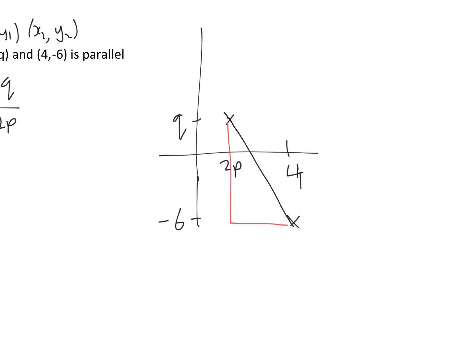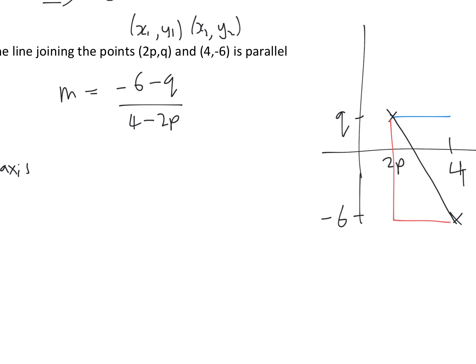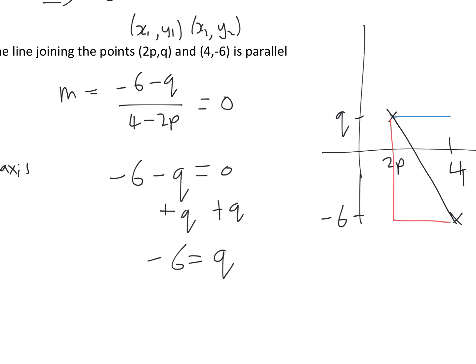It would have to be going simply straight across with no rise. So if we say that's equal to 0, actually it's the rise, the minus 6 minus q equals 0. And if you add q to both sides, you get minus 6 equals q. So the q value has to be minus 6.